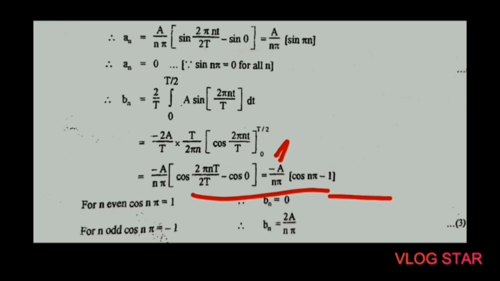So for even values of n, cos n pi is equal to 1, so the value of bn is equal to 0, and for odd values of n, cos n pi is minus 1, so for that the value of bn is equal to 2A upon n pi. So it will depend upon whether the n value is even or odd. So we can calculate here both the values in terms of even and odd also.